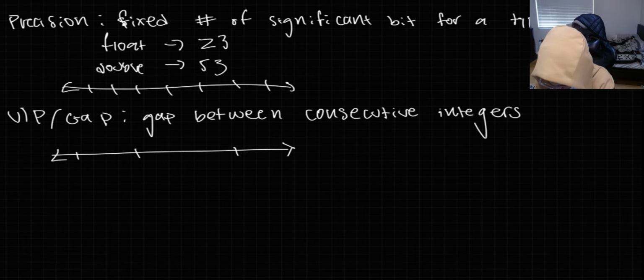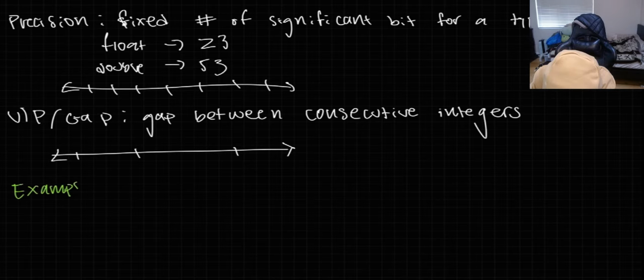Now let's bundle all of this information up together. Let's put an example here. So let's say a double has 53 bits, precision bits.